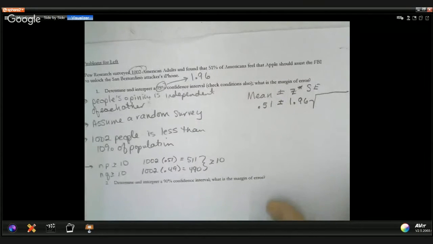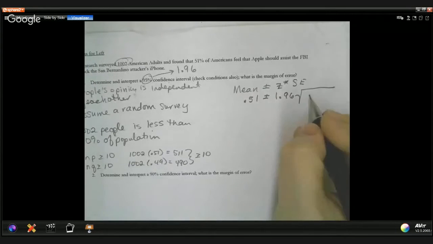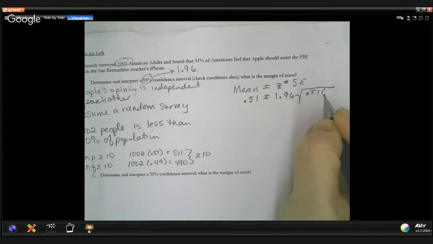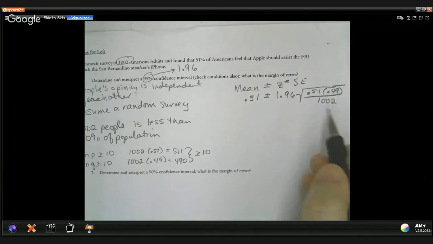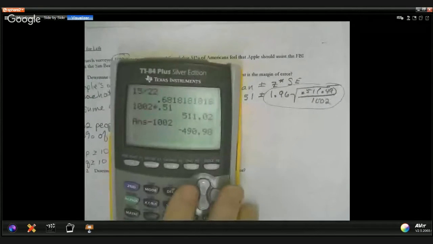You'll see that number a lot, so it's helpful to memorize that. And then your standard error, it's the square root of PQ over N. So P is 0.51, Q is 0.49, divided by N, which is 1,002. So I'm going to plug in all this right here, because I can do that all in one step in my calculator.